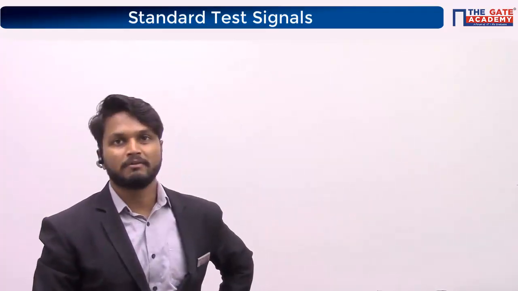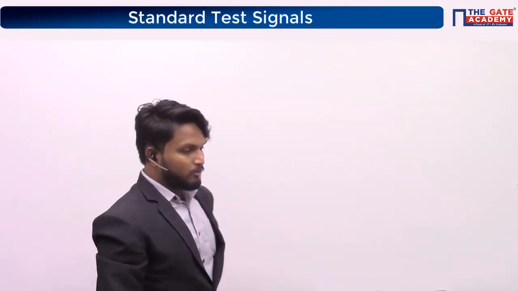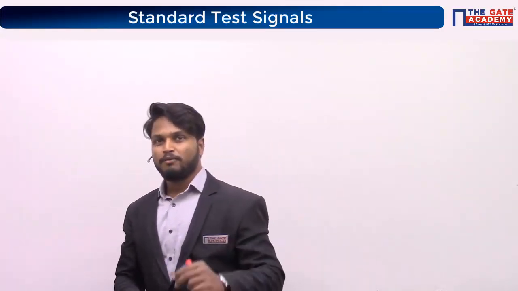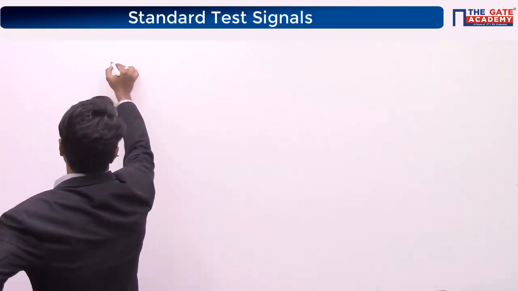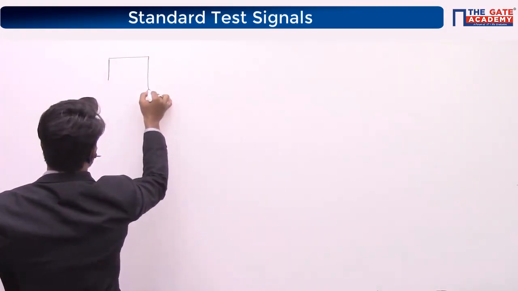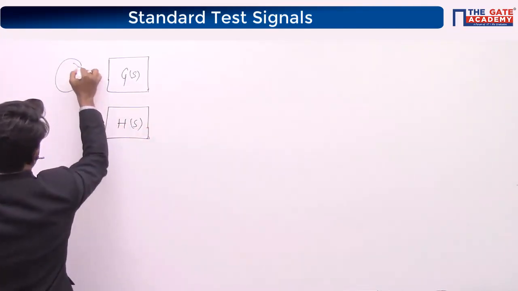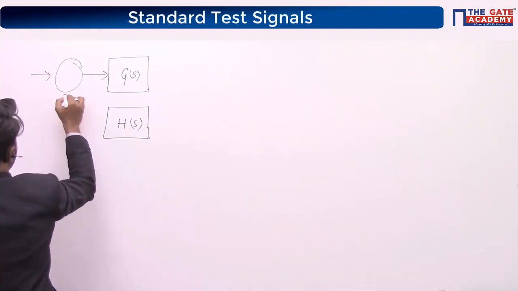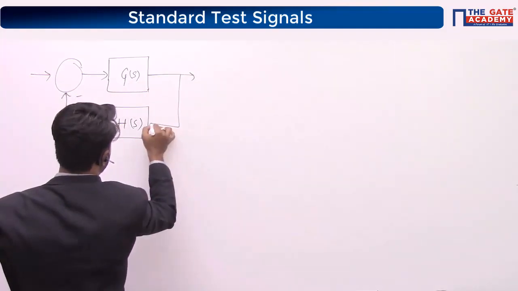Till now we have just revised the previous class, right? So let us say we have a closed loop system which is like this: g of s, h of s, and let us say this is our negative feedback system.